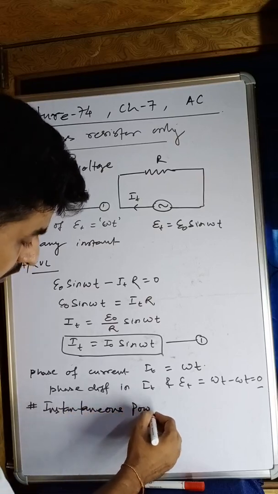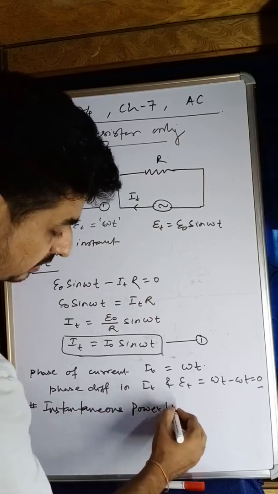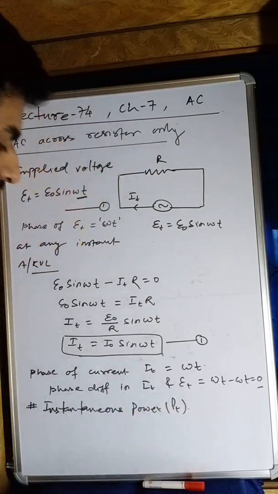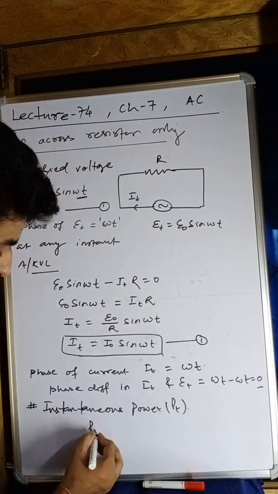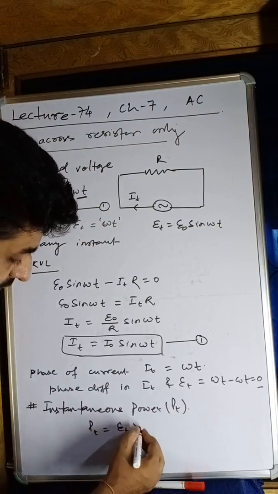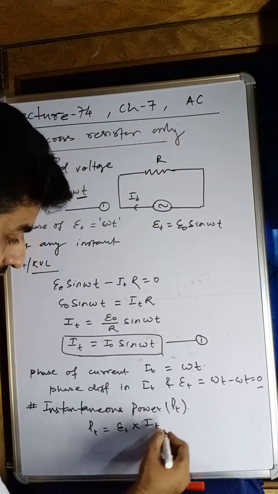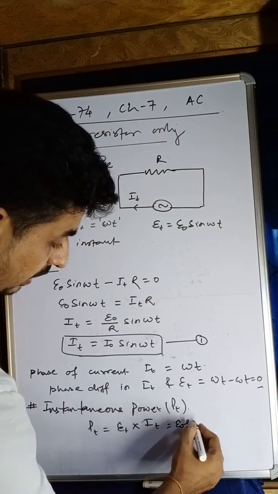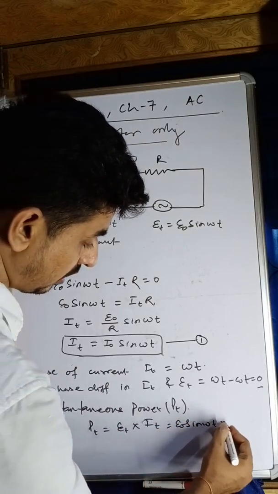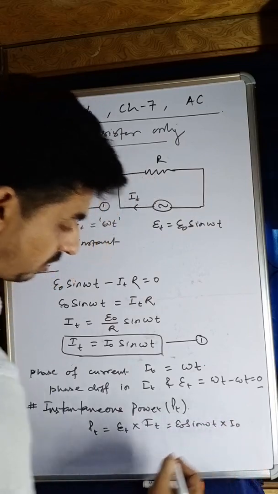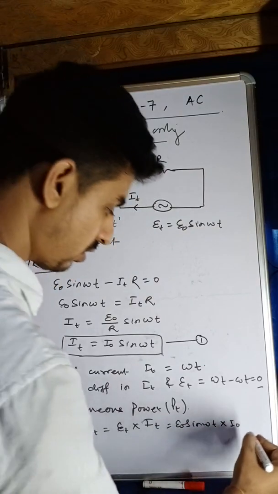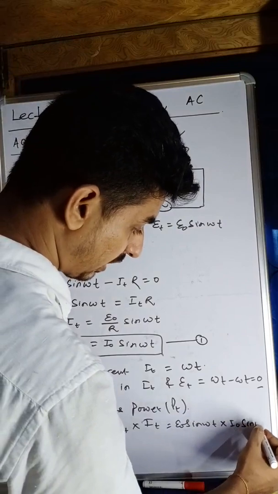Instantaneous power, that is P(t), can be written as E(t) into I(t), which is E0 sine omega t into I0 sine omega t.